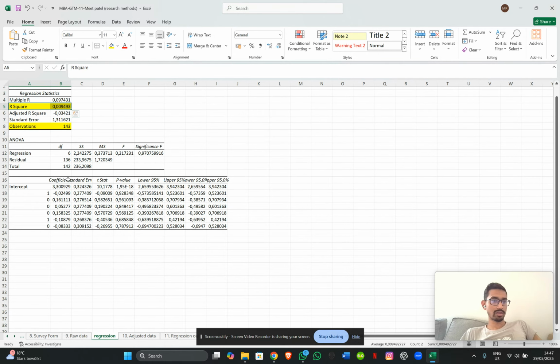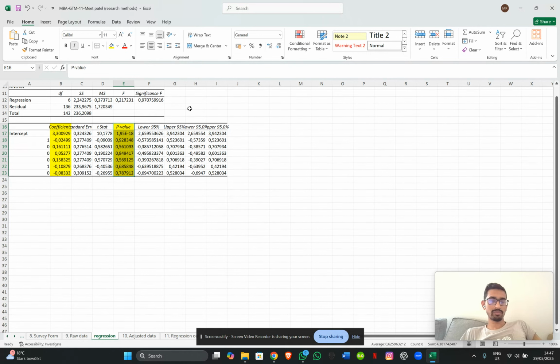Here are the coefficients for my attributes and levels, and the p-value, which is more important in my project.